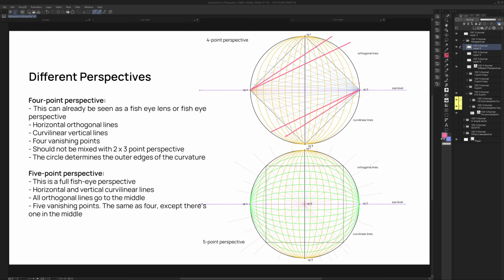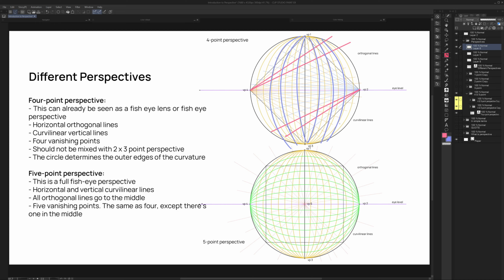But something that we don't have in 1, 2, and 3-point perspective is curvilinear lines. So curvilinear lines, and you can see how they work like this. And I see them as vertical lines.